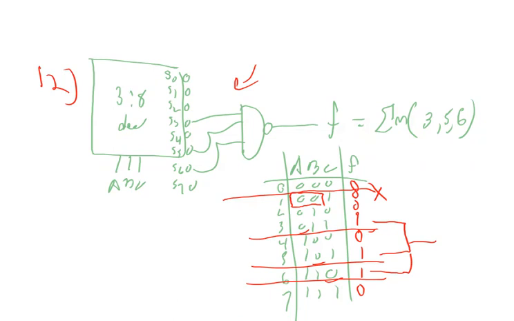Yeah, it says a 3 to 8 line decoder is connected as shown, just like the diagram I drew, only neater. And we've got these inputs, and it says F equals 1 when, and then it gives you a list of things that could make F equal to 1. And the only thing that makes this true is if 1 out of the 3 inputs is logical 0.